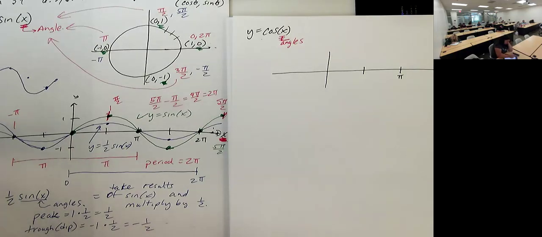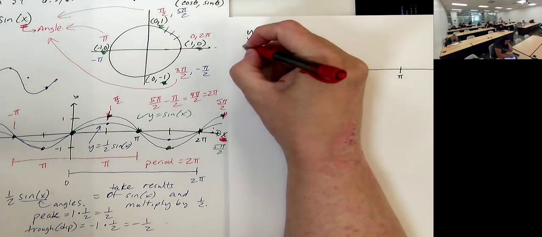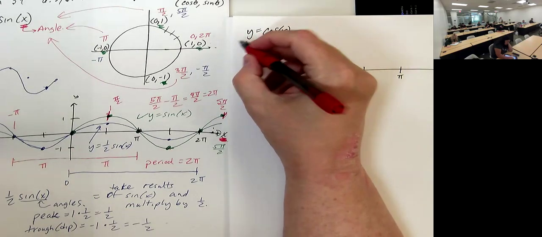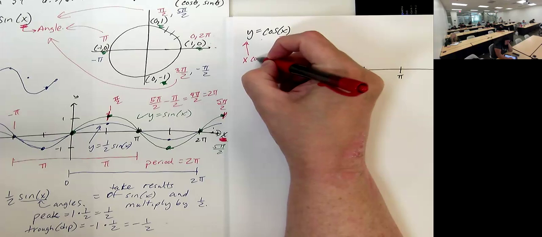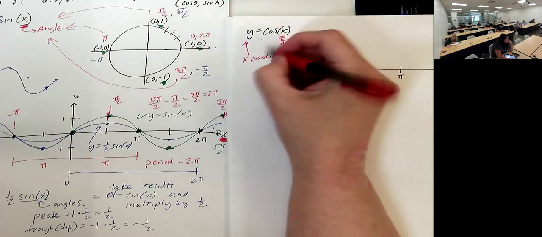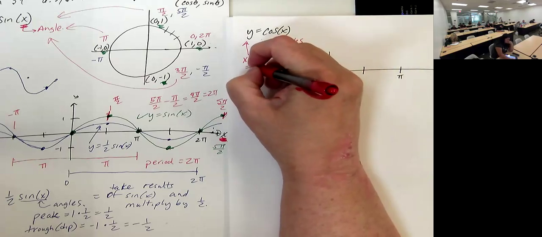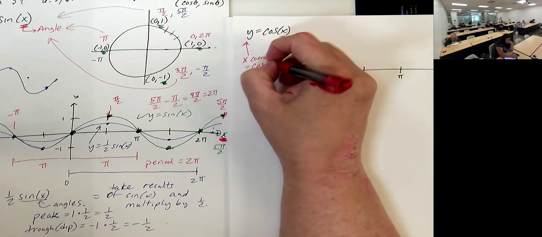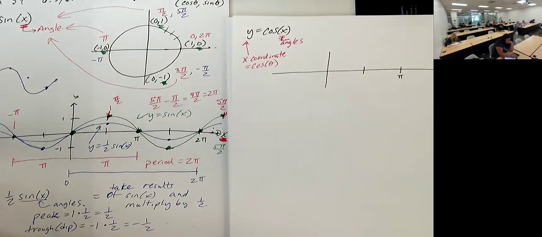But now our output is really the x coordinate of the unit circle, because cosine is our x coordinate. So that's what we're going to use. Instead of pulling the y value, we'll pull the x value.